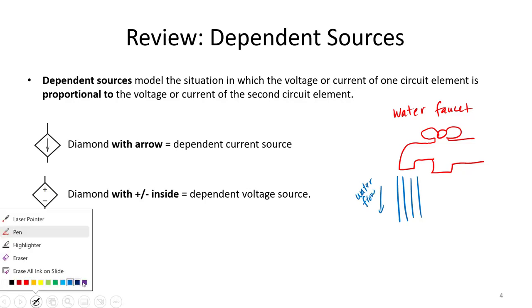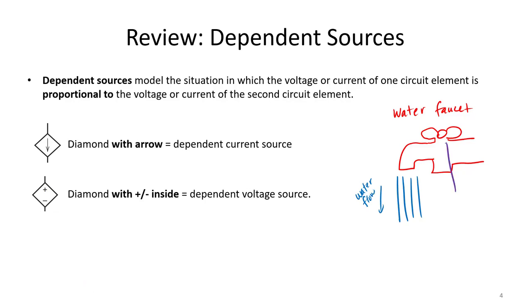But the flow rate depends on how much we turn the handle. So similarly, a dependent source's output is dependent on some other circuit element.